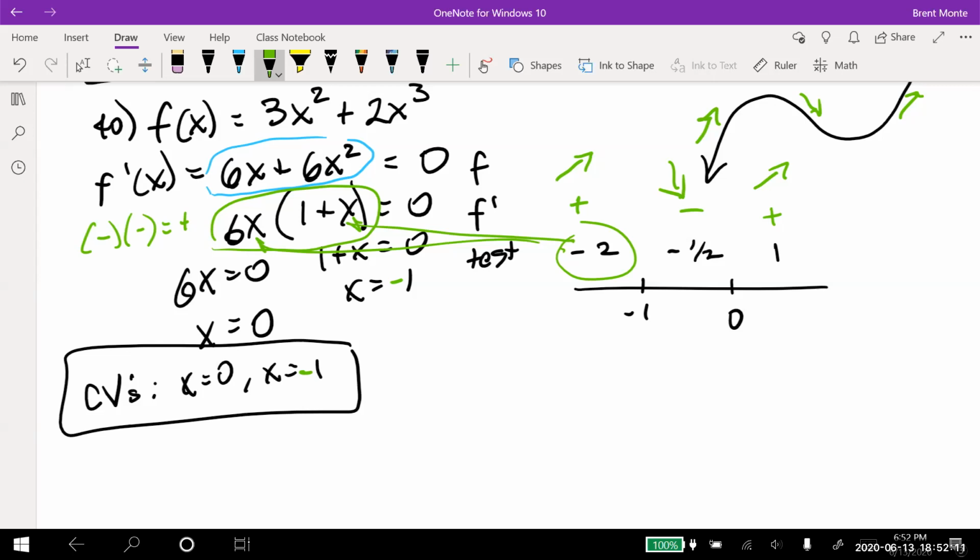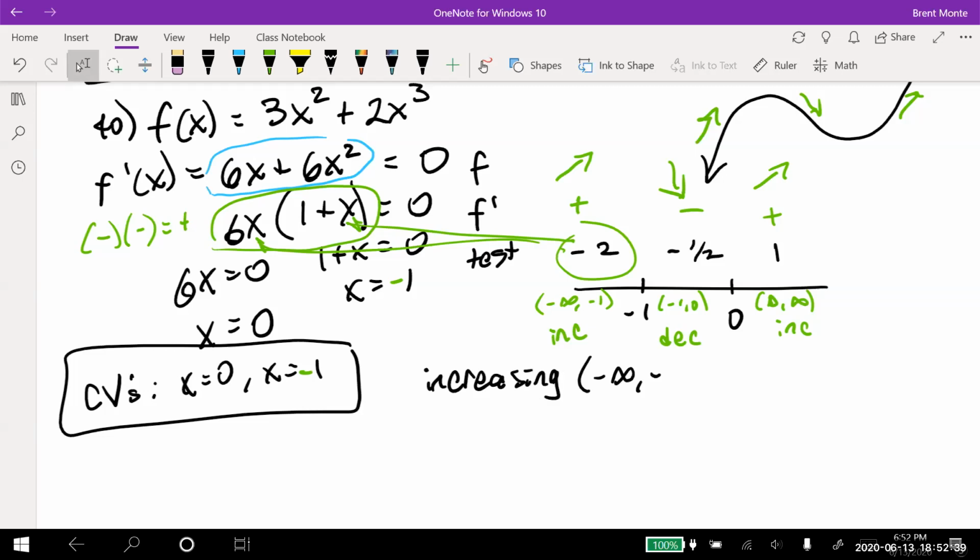So from -infinity to -1, it's increasing. From -1 to 0, the graph was going down, it's decreasing. And then from 0 to infinity, the graph's increasing again. And so I could answer questions that way. When they say intervals of increasing or decreasing, we'd say it's increasing from -infinity to -1 and 0 to infinity.